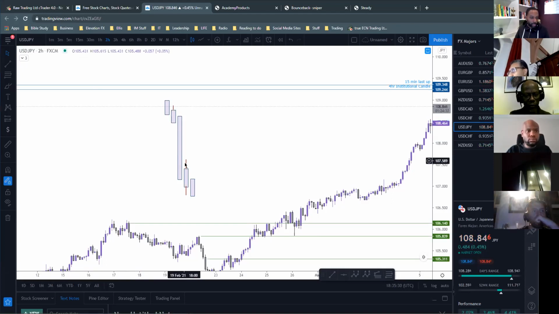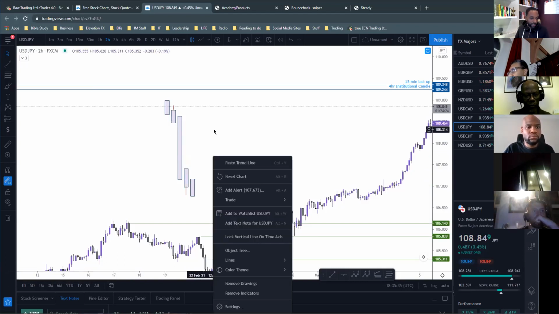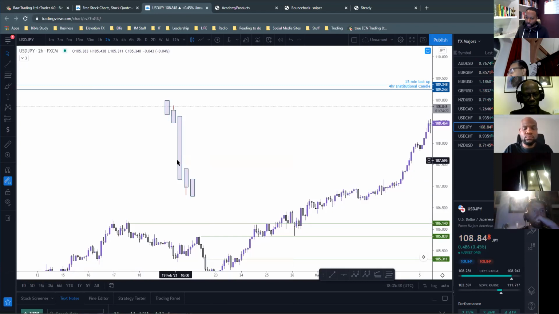If I took the wicks away, you can clearly see that from the top of this candle to the bottom of this candle, there's a gap. You can see that real clear, right? I'm trying to move that line down a little bit, but I think you get what I mean.